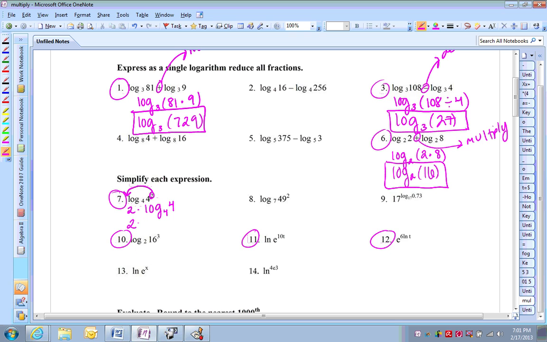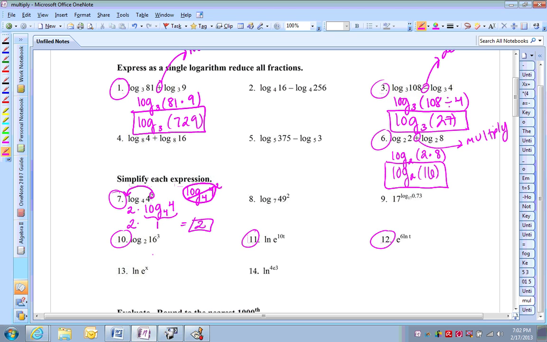So this becomes 2 times 1, because 4 raised to the first power is 4. So 2 times 1 is equal to 2. So log base 4 of 4 squared is 2. Now the other way we looked at that problem was if the base is matched, then we scratch. So here the base is matched, so we were left with the 2.